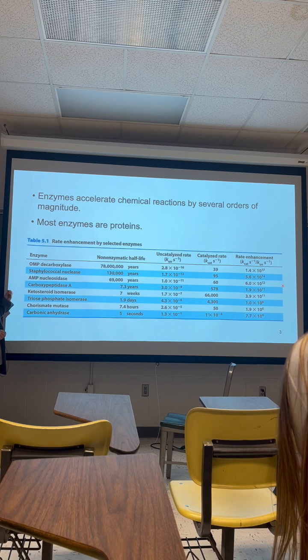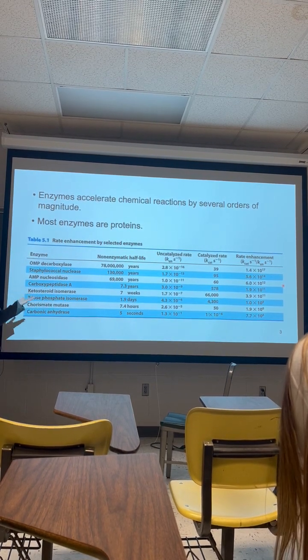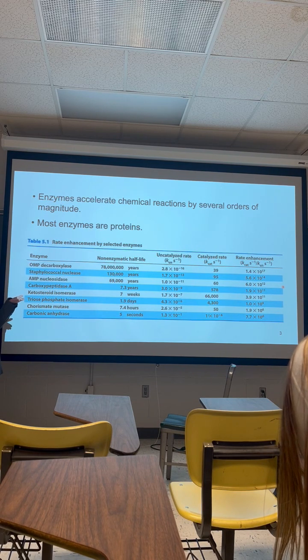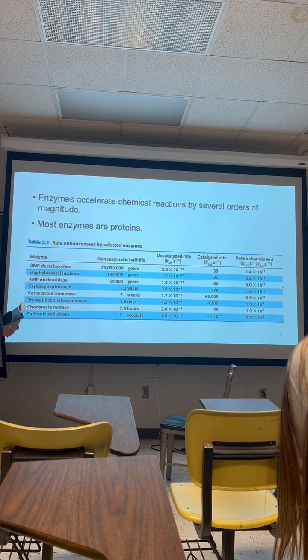Now, this is k. k is a rate constant, uncatalyzed, per second. Catalyzed rate, per second. Why per second? This is a speed. When you drive your car, the speed is measured in how fast you go, miles per hour, right? So here it is per second, how fast this reaction goes.